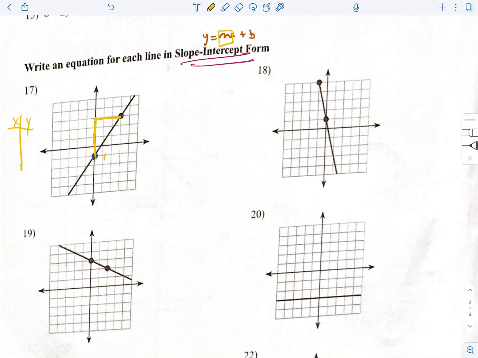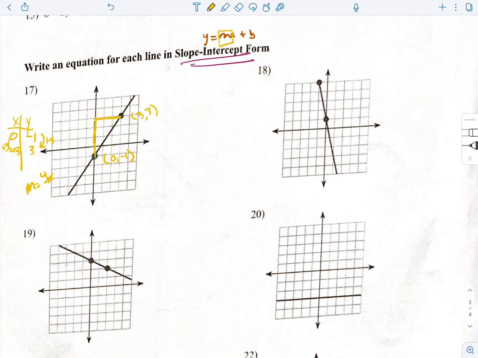So this is 0, negative 1, and this is 3, 3. So that would be 0, negative 1, 3, 3. Look for our change in y, which is plus 4. Change in x, which is plus 3.